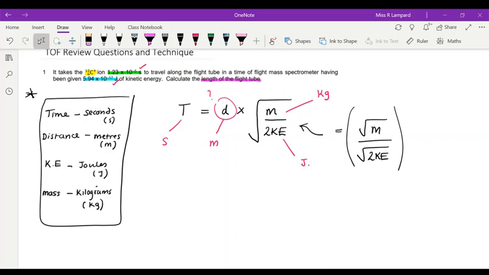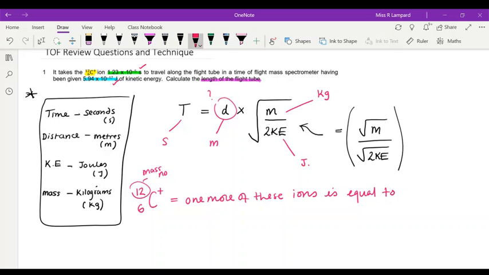So let's take the carbon-12 ions. Okay, so if you remember that this mass number here means that 1 mole of these ions is equal to 12 grams. 1 mole contains 6.022 times 10 to the 23 particles.